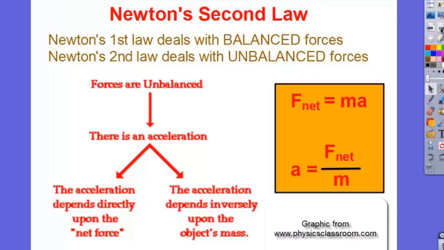Or you can rewrite the same equation, just rearrange it, that says a is equal to F net divided by m, and that's where we get the directly related to the net force, because they're both in the numerator, and inversely related to the mass, because acceleration is in the numerator, mass is in the denominator. And as I said earlier, it's very important to be able to identify the net force, because that will tell us about the acceleration of the object.